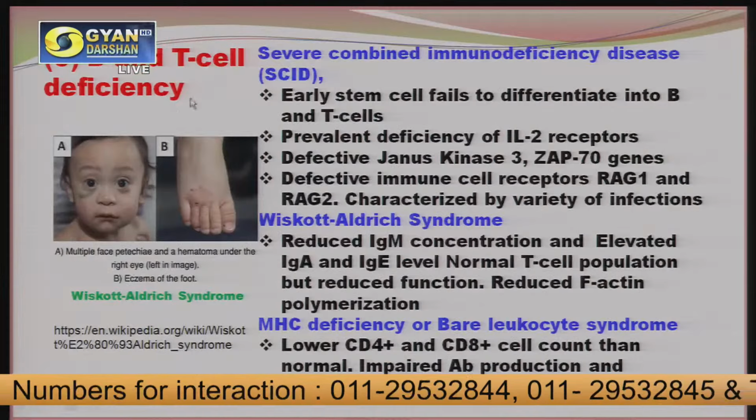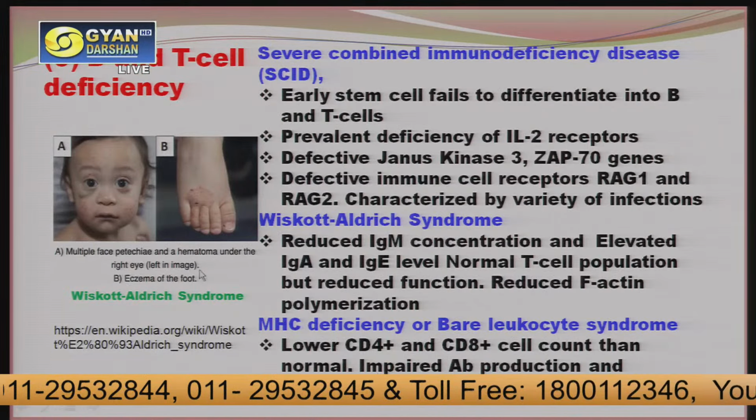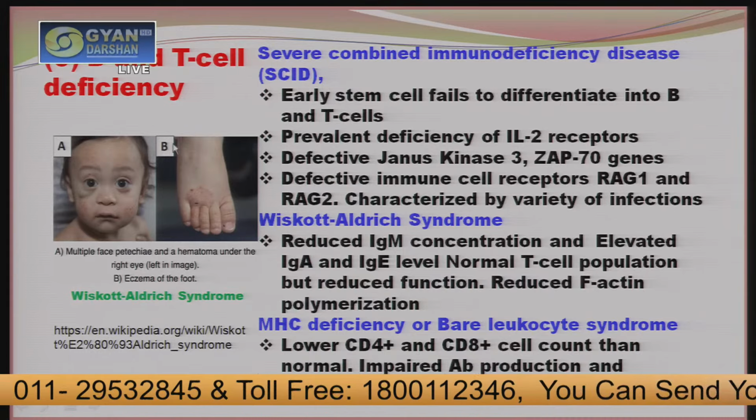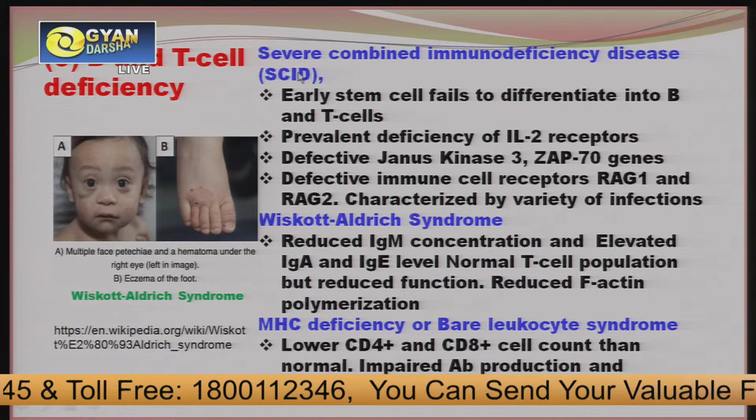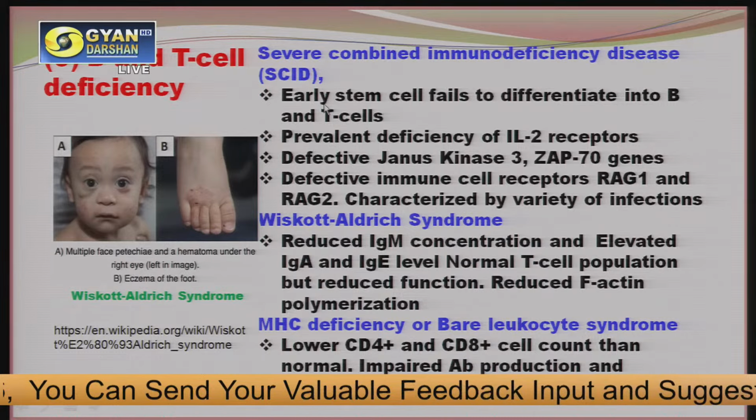And the third one is B cell and T cell deficiency. Sometimes both B cell and T cell are deficient inside the human body. Here is severe combined immunodeficiency, SCID.